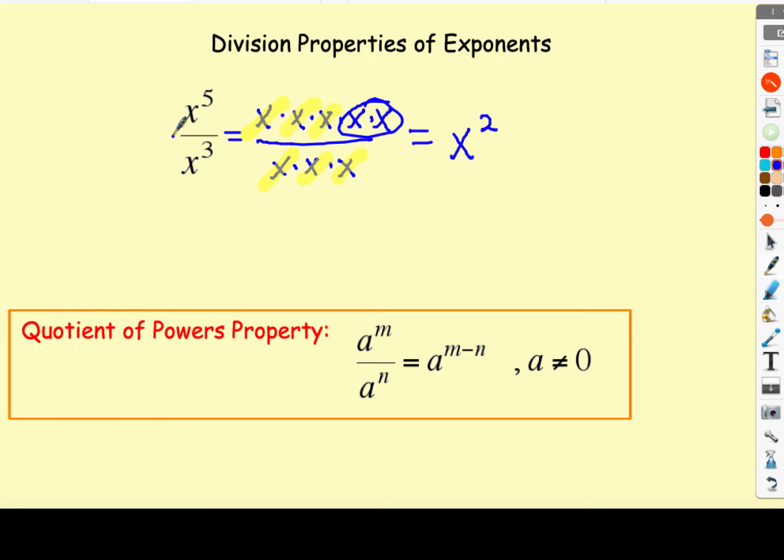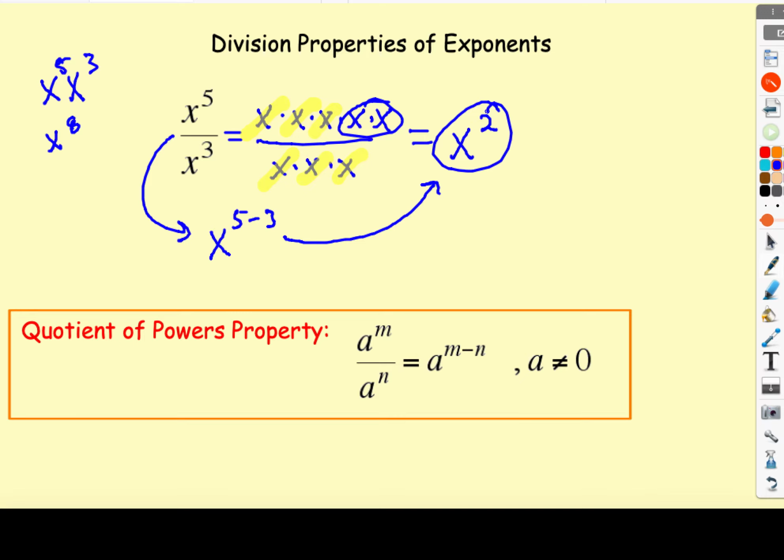Well, a simpler way of doing that is to notice that if it's x to the 5th on top and x to the 3rd on the bottom, similar to if you have equal bases multiplied, then we add the exponents. Well, if we have equal bases divided, why not subtract the exponents? Subtraction is just addition with a negative, right? So we can subtract those exponents, and notice we still get x squared.